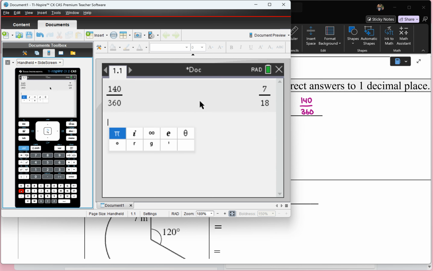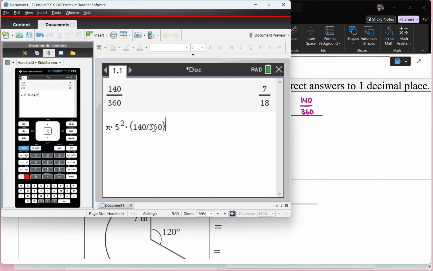So mine's just down here. Pi times 5, square it, times, and if you're using one of those scientific calculators without a fraction button, use the brackets, press brackets, and we want 140 divided by 360. So that just means the same thing as saying 140 over 360.